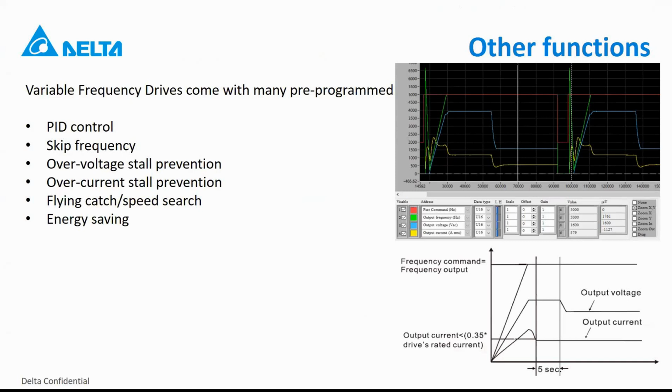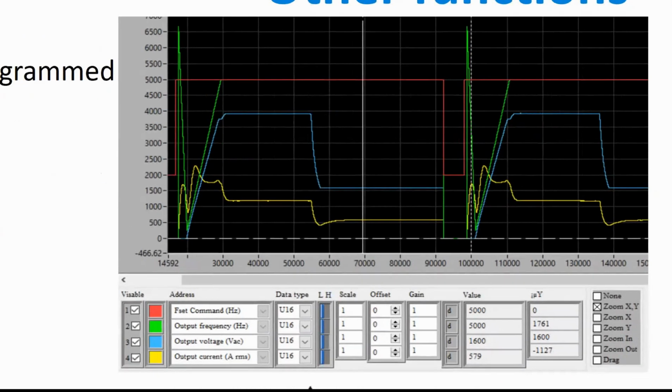You can see that if the drive is running constantly at some particular speed, and the demand is actually low, so if the load on the motor is actually quite low, the drive can keep the speed at which the application needs to run, and it can automatically lower the output voltage, and this will proportionally lower the output current as well, thus helping save on energy.